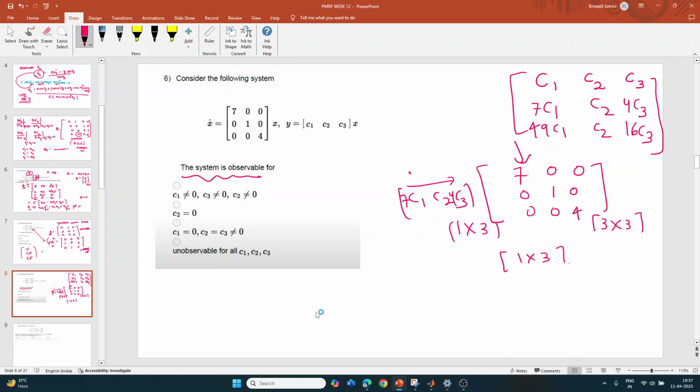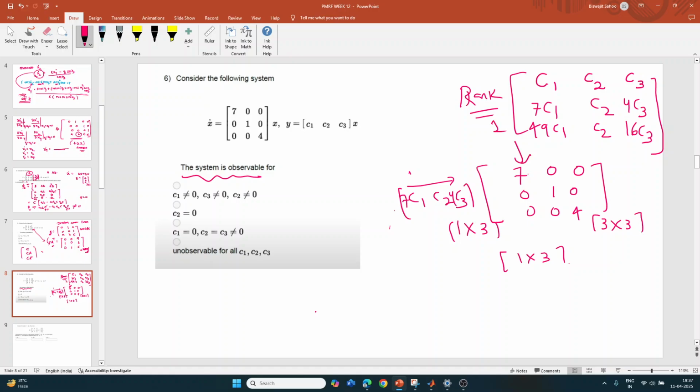Now you can see C1, C2, C3 and C1, C2, C3, C1, C2, C3. What is the rank of this matrix? How many columns are identical? Two columns are identical. So the rank of the system is 1.